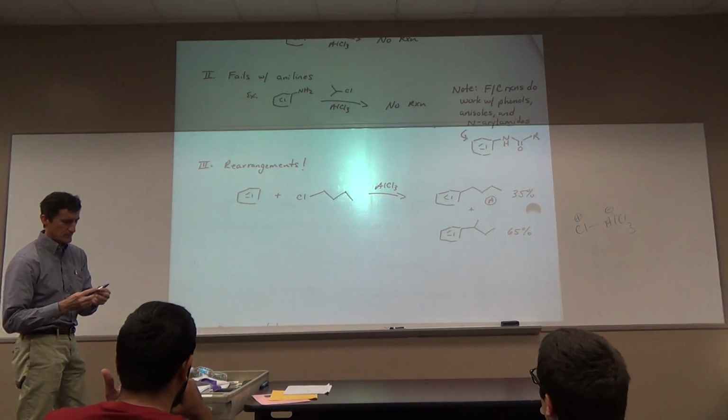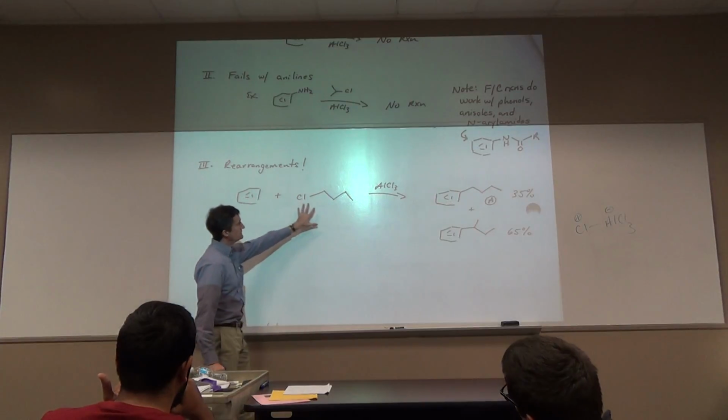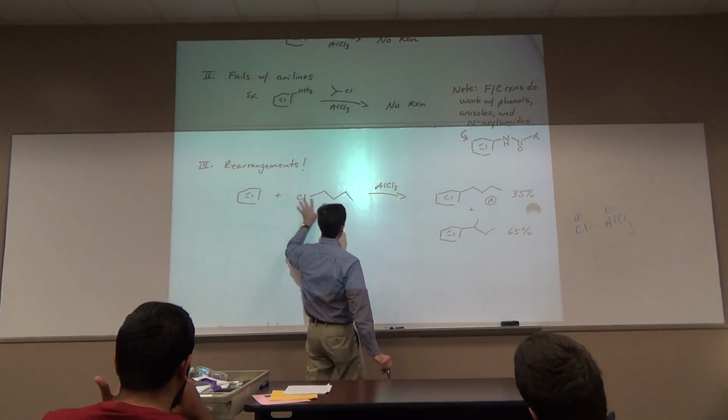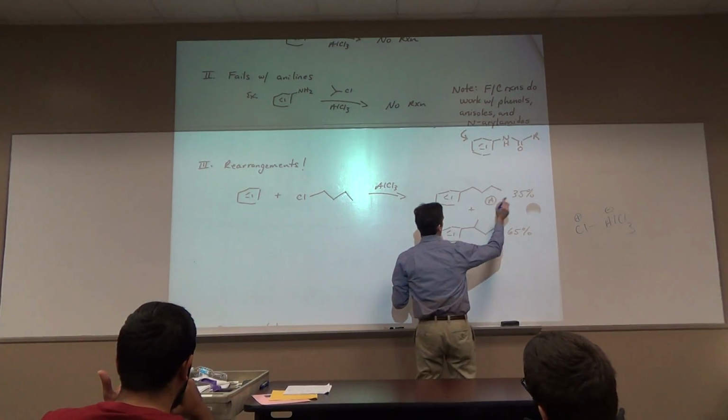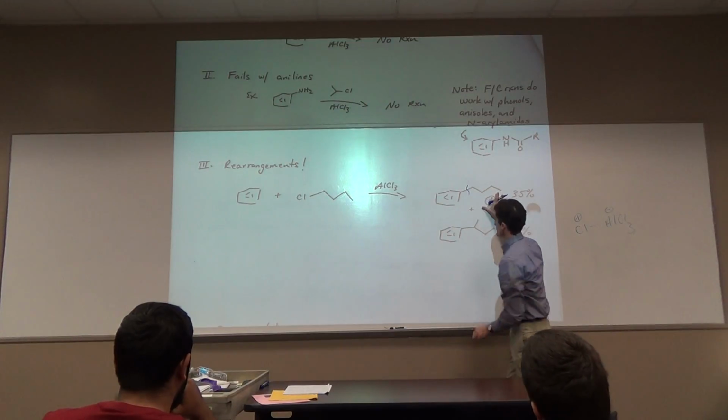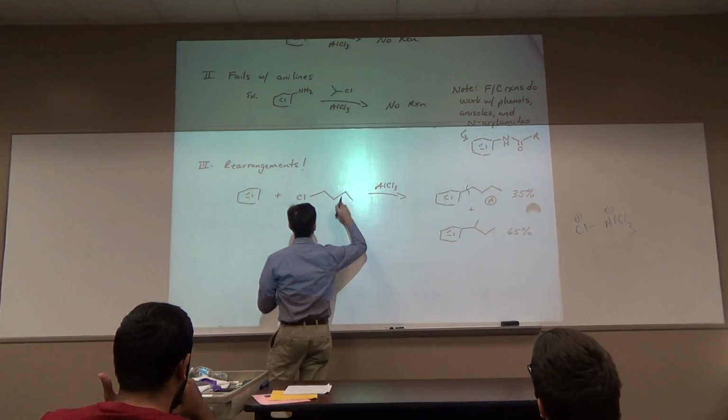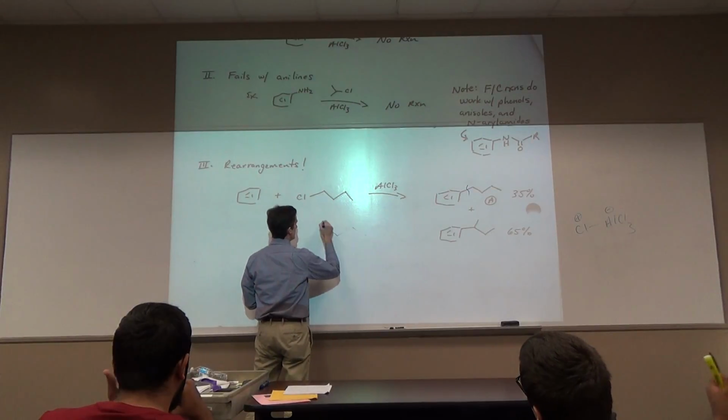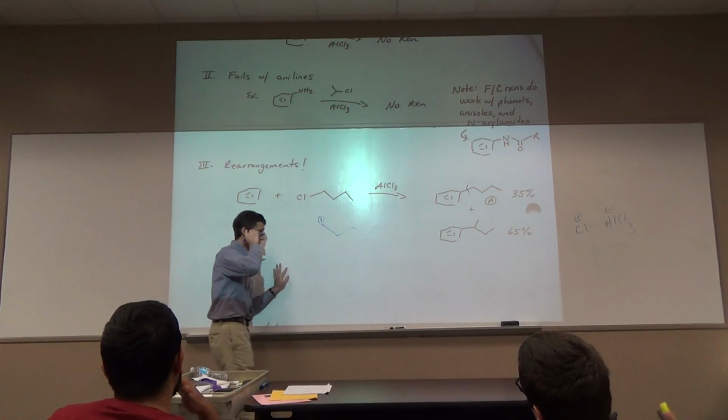I don't know if my pen will work, but if you try to do a Friedel-Crafts here, you only get 35% of this. I mean, if you complex here and ionize, it looks like you're going to get this cation. All right, shield your eyes.